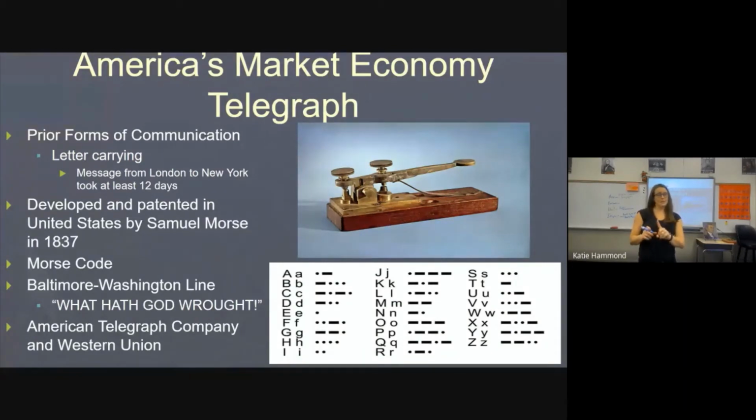A line was established connecting Baltimore and Washington, D.C. That is not far at all, but you see how the fact that it worked means they're going to build more and more. By 1852, there were over 15,000 miles of telegraph lines in America. So 1837, the first one, 1852, 15,000 miles.